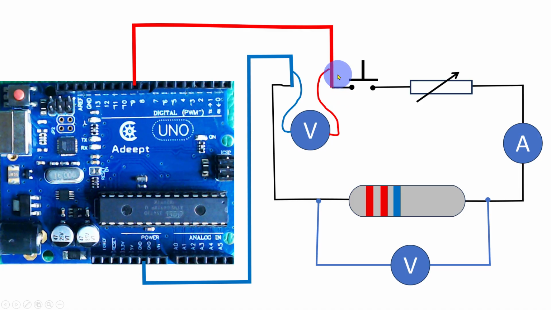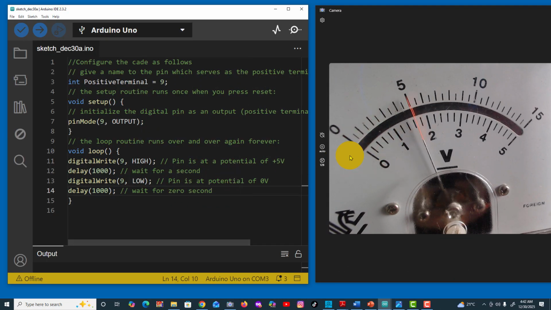So let's look at a video where on one side I have the code that runs this particular pin and the voltmeter across the two terminals of the battery, or across the Arduino itself. And here we have the voltmeter. We are going to look at the voltmeter across the terminals of the battery.